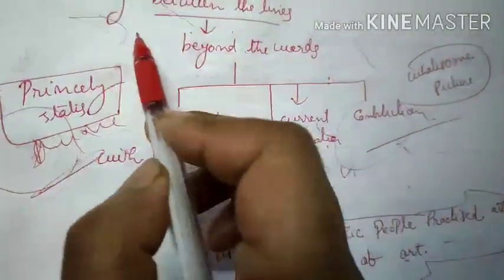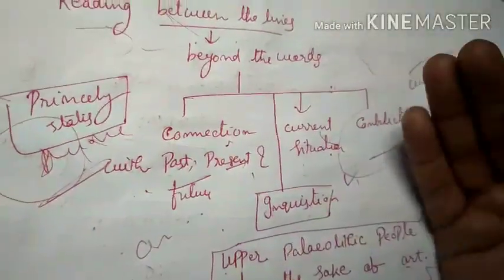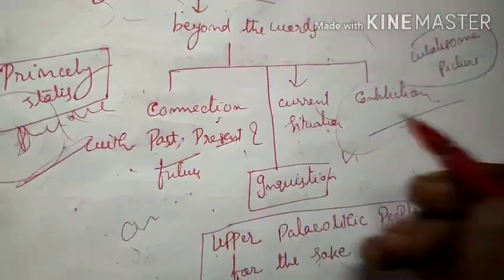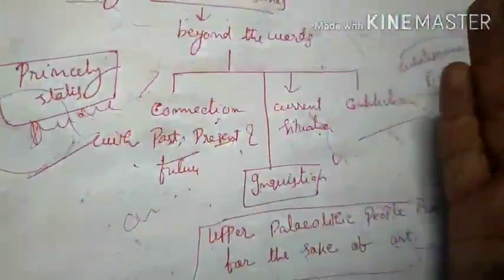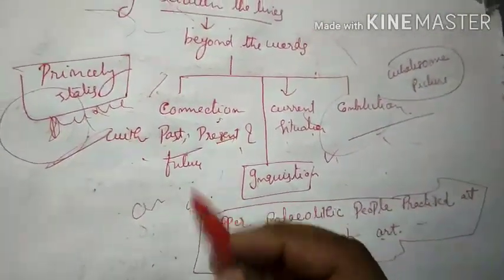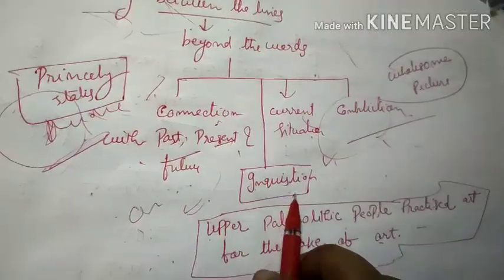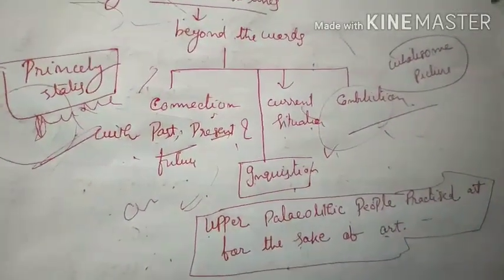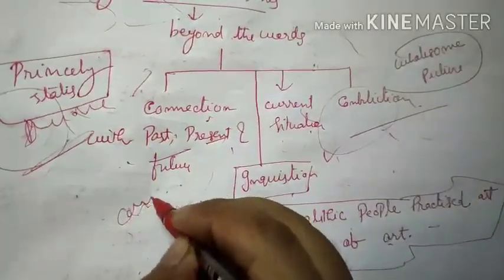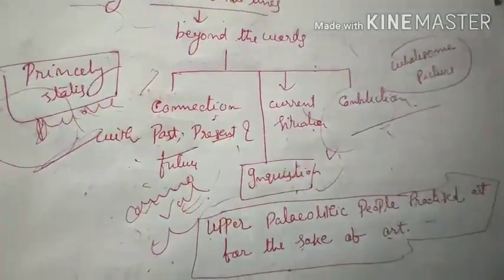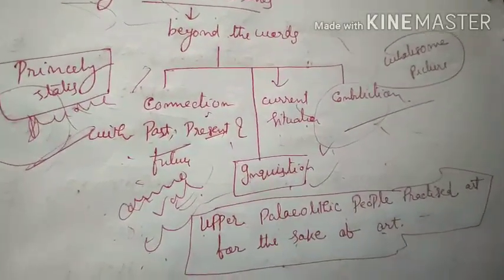I have not mentioned here those particular lines or words regarding princely states, but I am just trying to show you the path of how you can read beyond the lines. And here another important thing while reading between the lines is inquisition. Inquisition means be innovative, be analytical. Try to unleash your inquisitive mind.